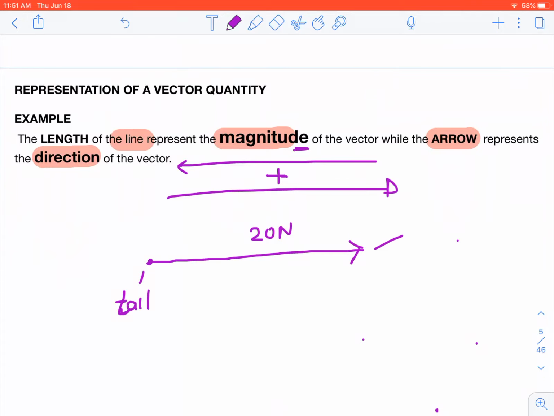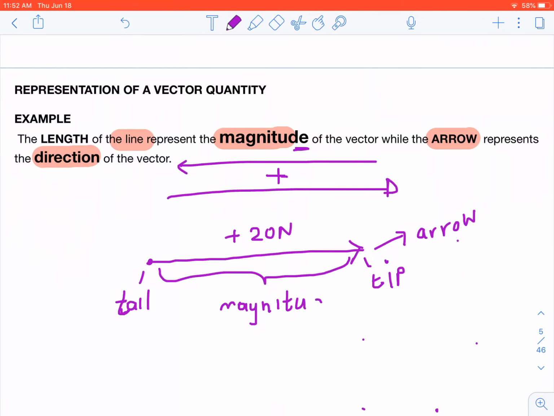This here is the arrow, and sometimes you also call this the tip or the head of the arrow. So a vector is specified. If it's going to the right, we could say plus 20 newtons, and the length of the arrow gives you an indication of the magnitude.